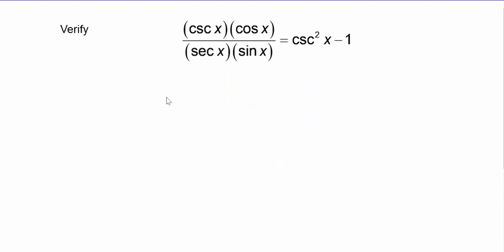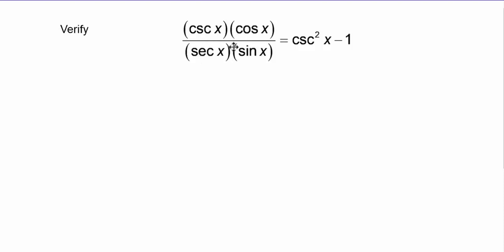So in this example, we notice we have a Pythagorean identity over here, which I'm probably going to work towards, and then I'm going to take this portion where we have 4 terms and simplify that. Cosecant squared minus 1, well, 1 plus cotangent squared is cosecant squared, so cosecant squared minus 1 is going to be cotangent squared. So if I can make this cotangent squared, I'm good to go. I notice I have a cosine on top. I'd kind of like to keep that there if possible.